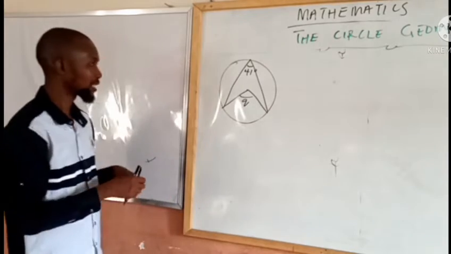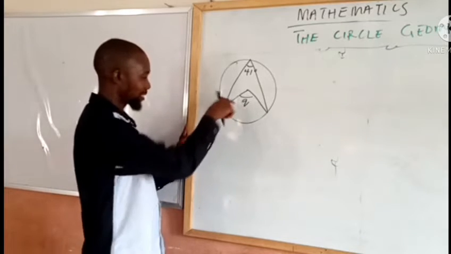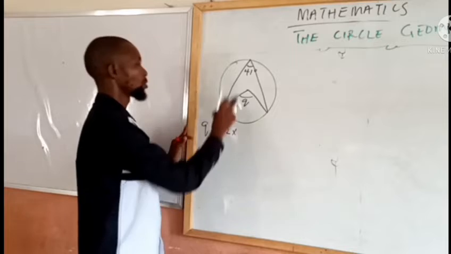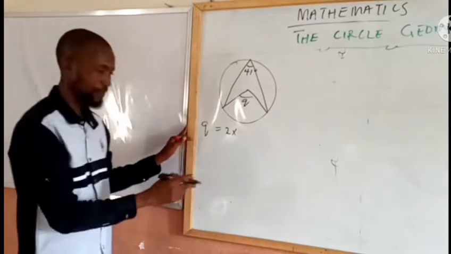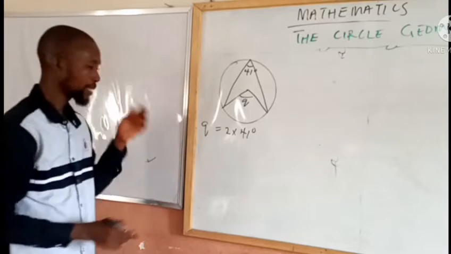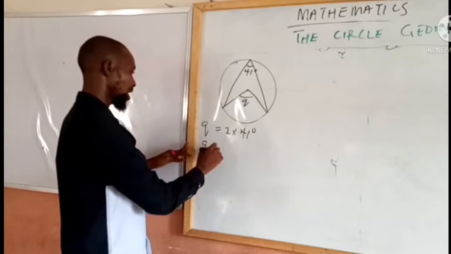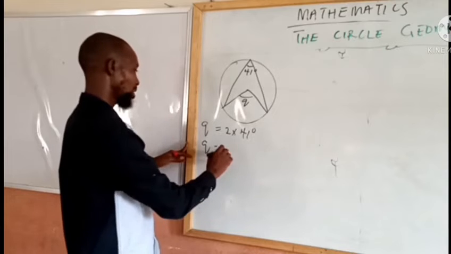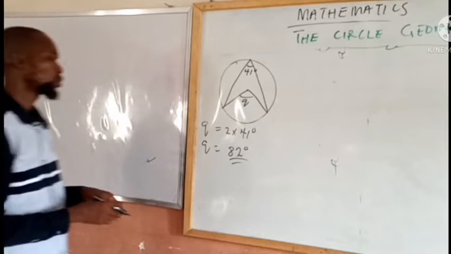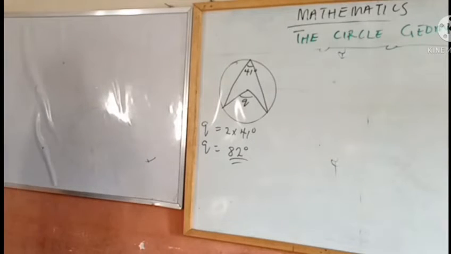So the theorem has to be stated by saying that the angle at the center is equal to 2 times whatever angle we have at the circumference. And we can see at the circumference we have 41 degrees. So it shows that Q here is going to be 2 times 41, which is 82 degrees. And that is the simple solution to that first question.